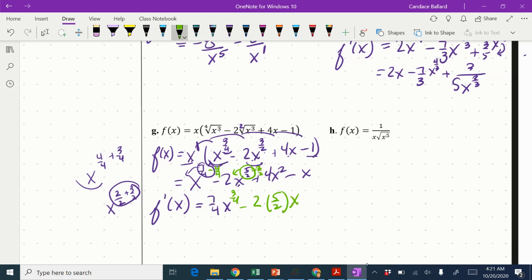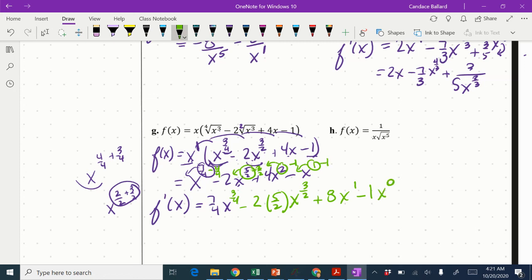I'm going to subtract 2 halves, which is 1, to the 3 halves power. Plus, I'm going to bring the 2 in front. So 2 times 4 is 8x. I'm subtracting 1 from the exponent, so I get a 1. I'm going to bring this 1 in front that's there, it's invisible. So negative 1, x. I'm going to subtract 1, I get x to the 0.